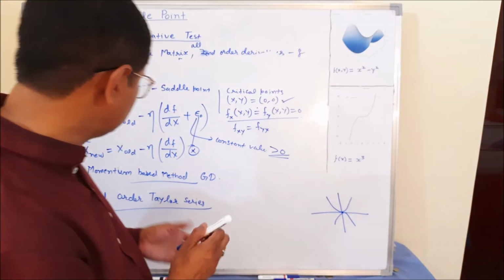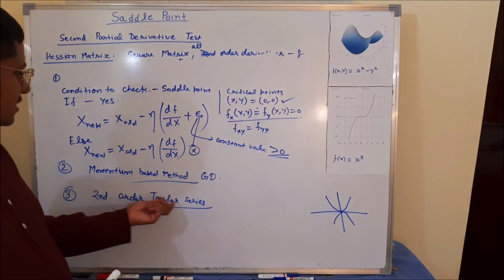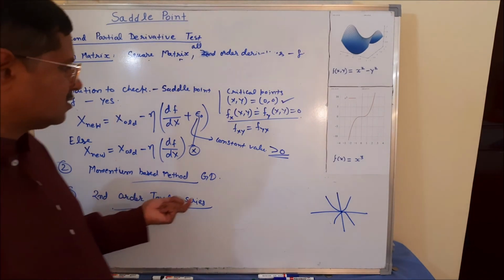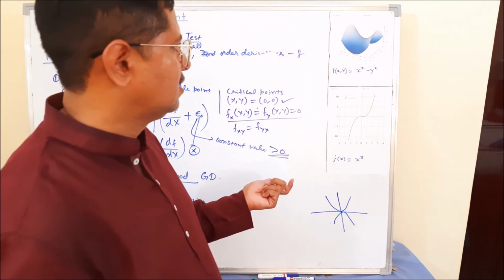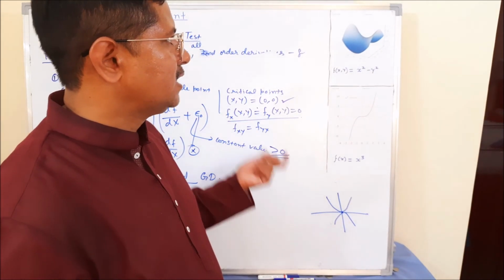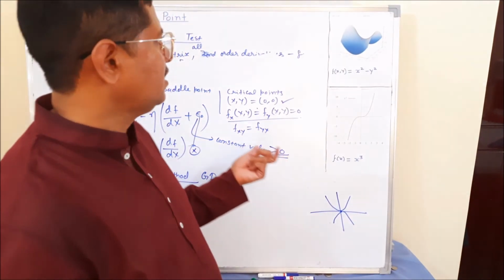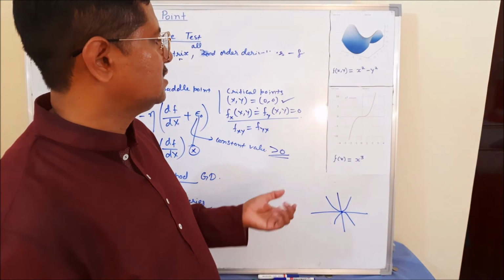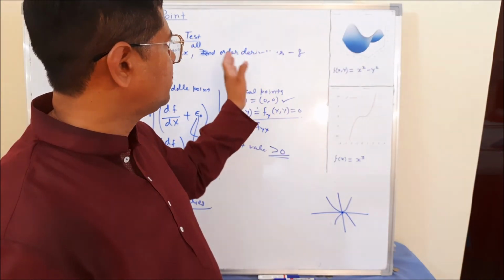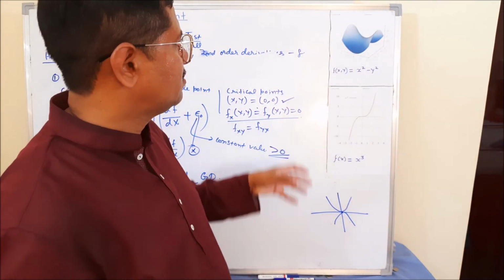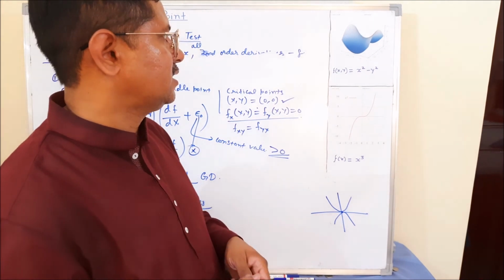So in that case, computation of a second order Taylor series is not a very useful technique, and that's why it is not used in several places to escape from saddle point scenarios.